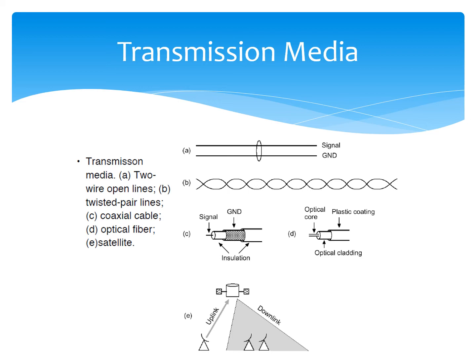Optical fiber, such as Verizon Fios, uses optical fiber to transmit light signals, which is immune to electromagnetic interference and crosstalk, and supports a much wider bandwidth. Satellite, such as DirecTV, transmits microwave signals via satellite that has a broad area of coverage.